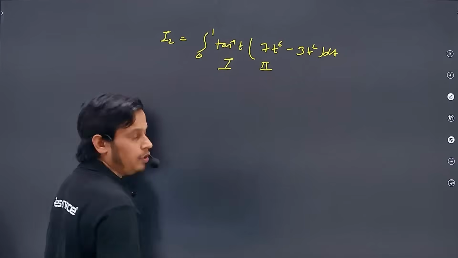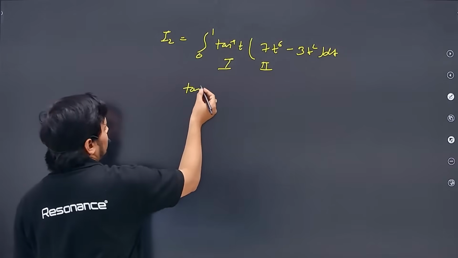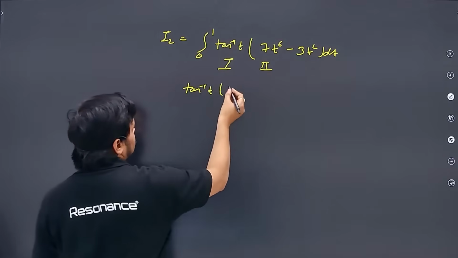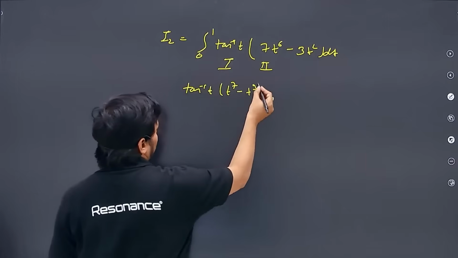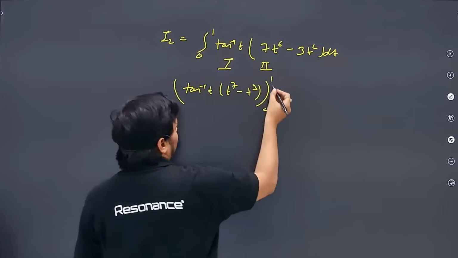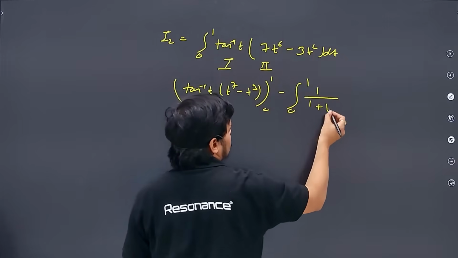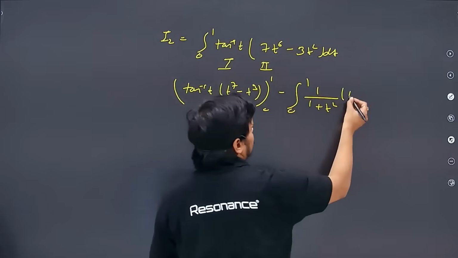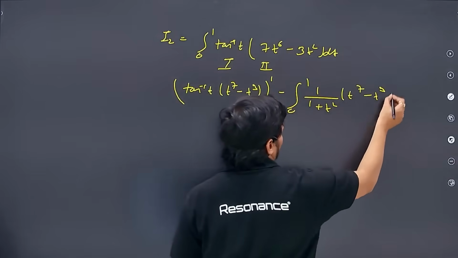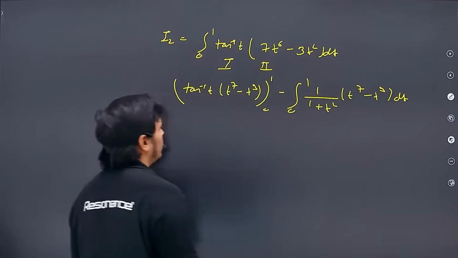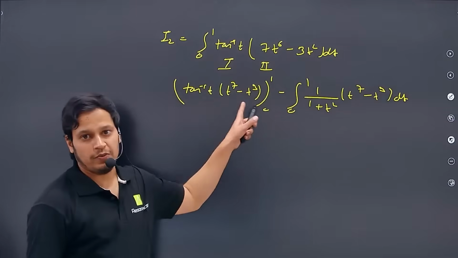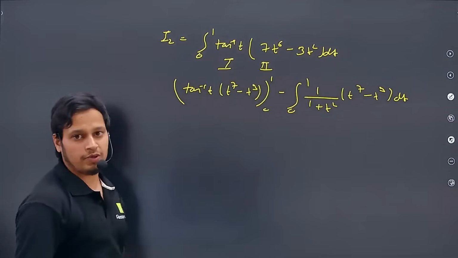We use integration by parts. So first function tan⁻¹t, integration of second t⁷ - t³, limit is 0 to 1, minus the integral from 0 to 1 of the differentiation of first, 1/(1+t²), integration of second (t⁷ - t³) dt. Okay, if you put upper limit 1, this part becomes 0. If you put 0, also it will be 0.